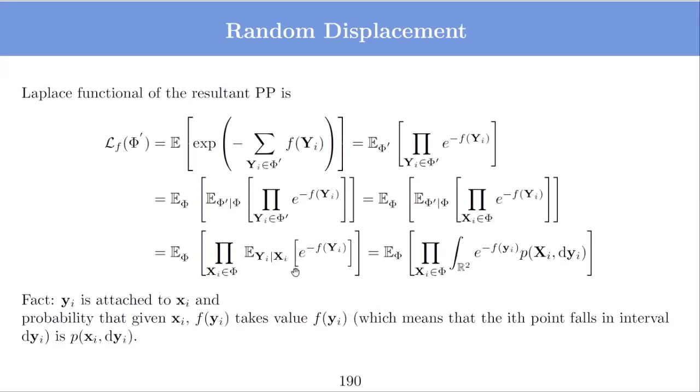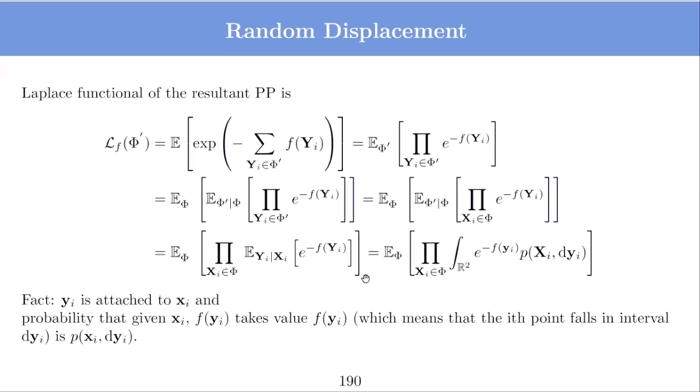Okay. And what is this expectation of e to the minus f(y_i) given x_i? We know that given x_i, y_i can take values with this probability. So if I divide the complete space into small intervals dy, the probability that y_i takes a value in dy is this, and if it takes a value in dy, the value of this term would be this.